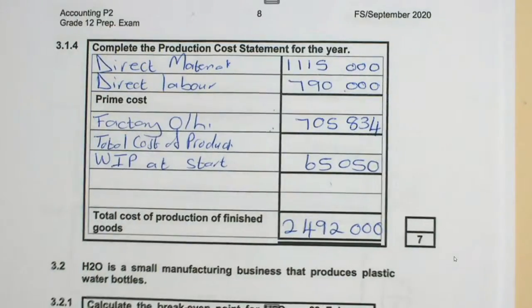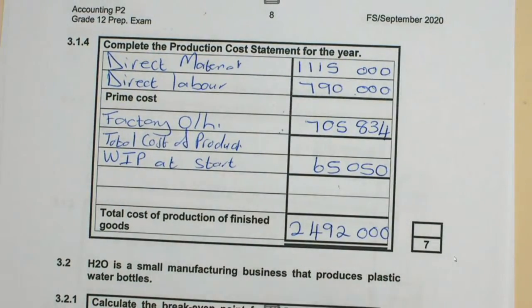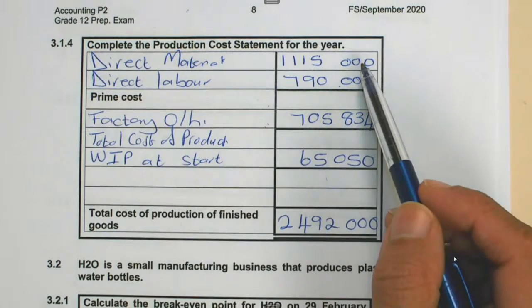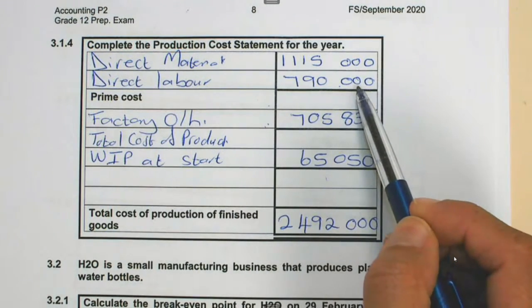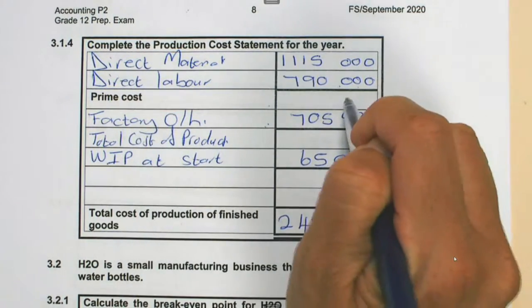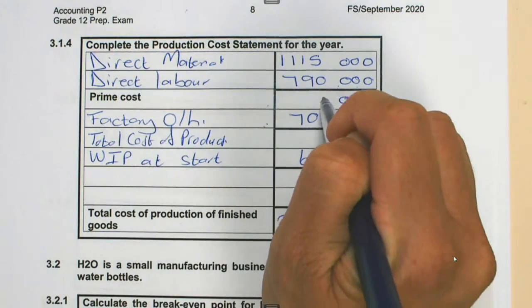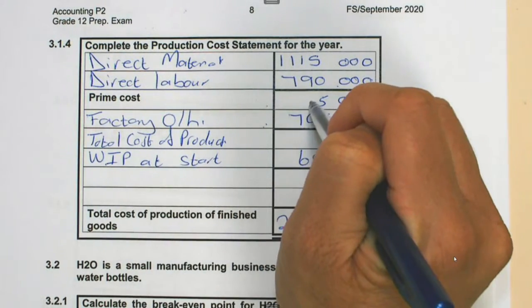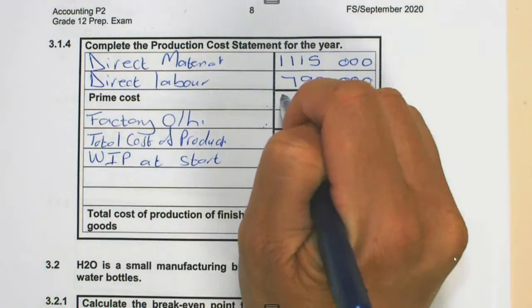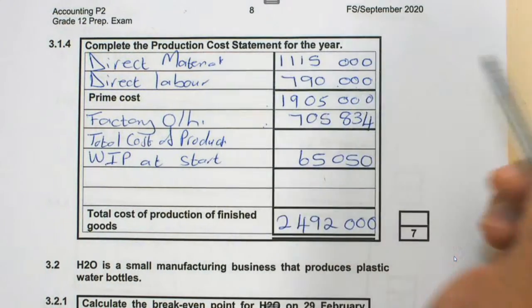All my information I have is there. I'm going to take my direct material cost plus my direct labor, add the two. Okay, so it's 1905, right?